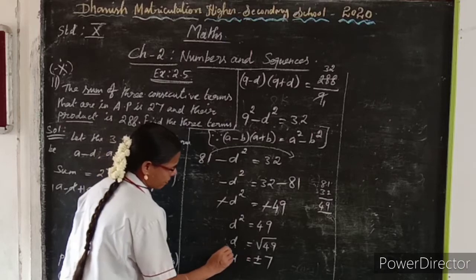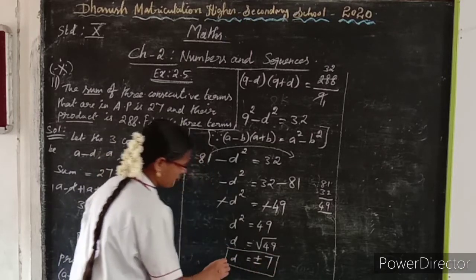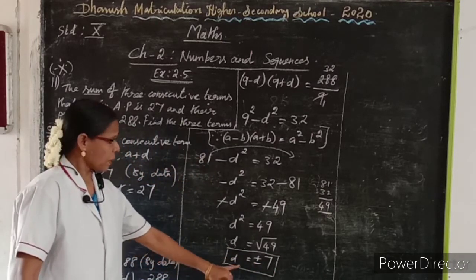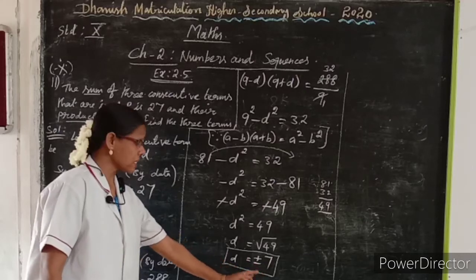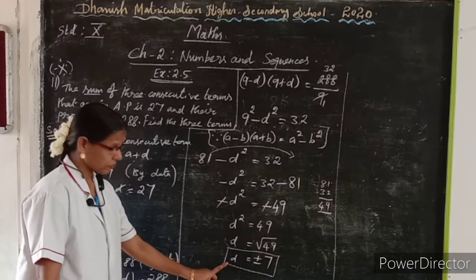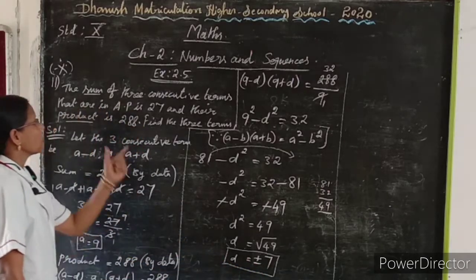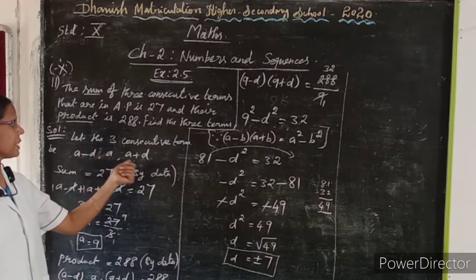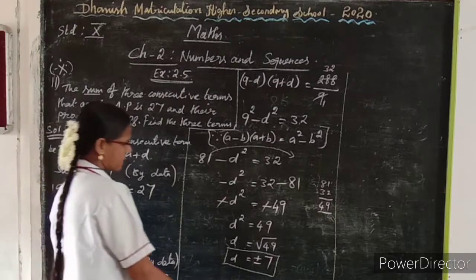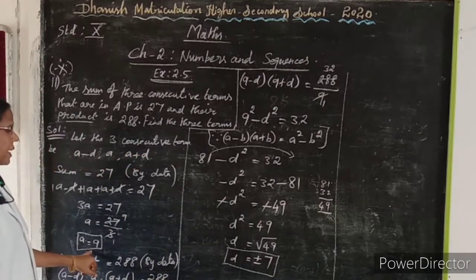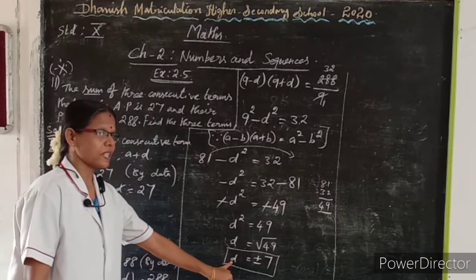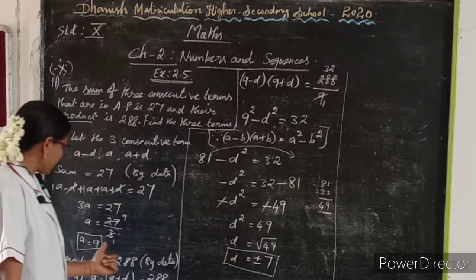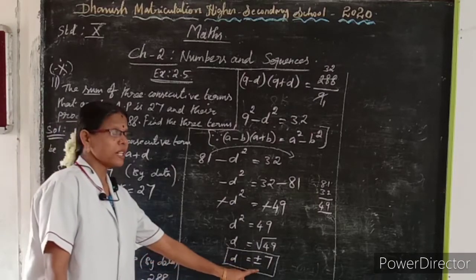This is the value of d. What is the value of d? Plus 7 and minus 7 is the value for d. So what is our question? Find the three terms. So let us consider a is 9 and d is plus 7. Next case, a is 9 and d is minus 7.